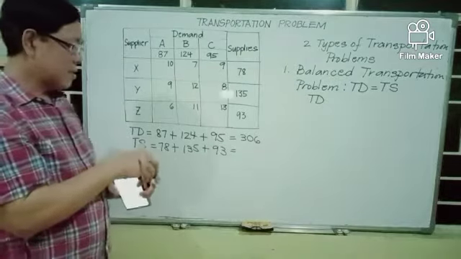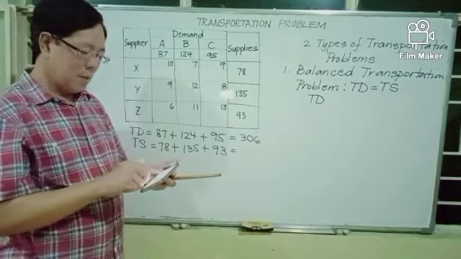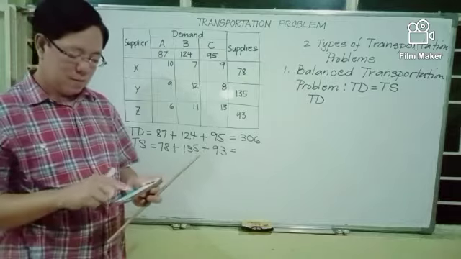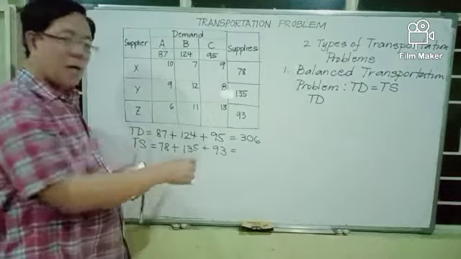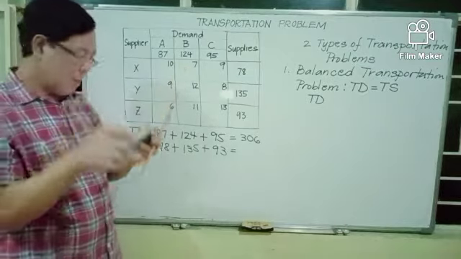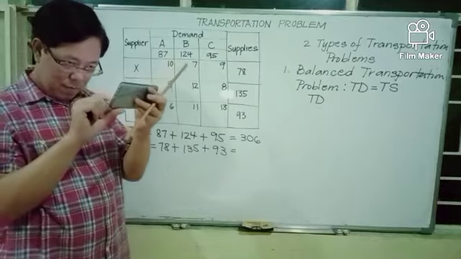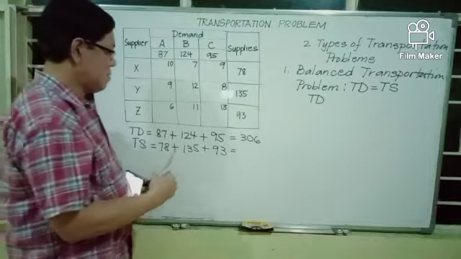And we add using our calculator. We have 78 plus 135 plus 93 equals 306.